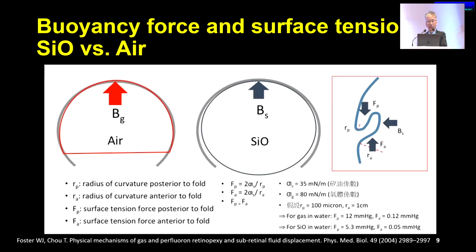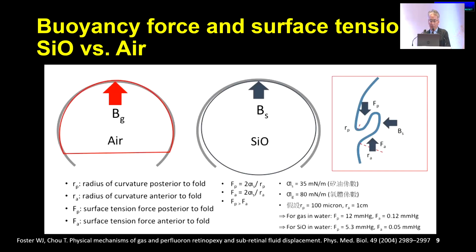The reason for this is that the buoyancy force and the surface tension force are different between silicone oil and air. You can see on your left side, the air has very strong buoyancy and also tension. On your right side, you see this folding here.